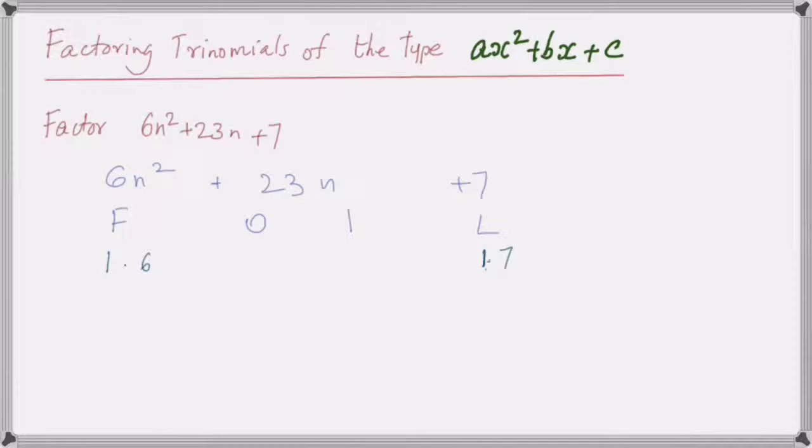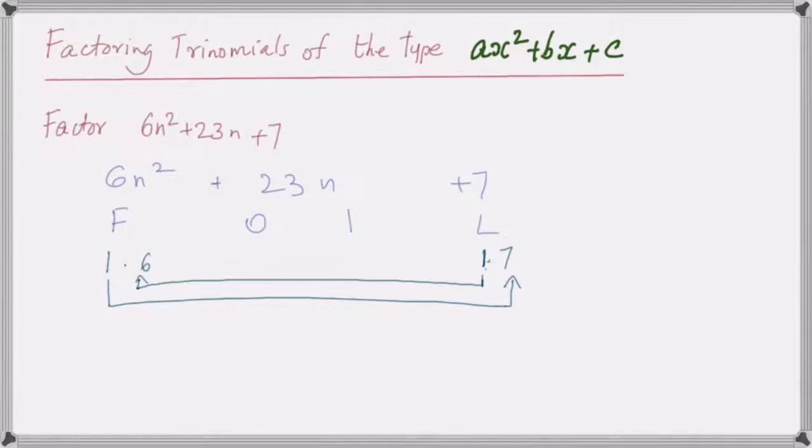Now here's the trick. When you multiply these two outer factors and add that with the product of these two inner factors, you should get 23. So in this case, let's multiply 1 and 7.